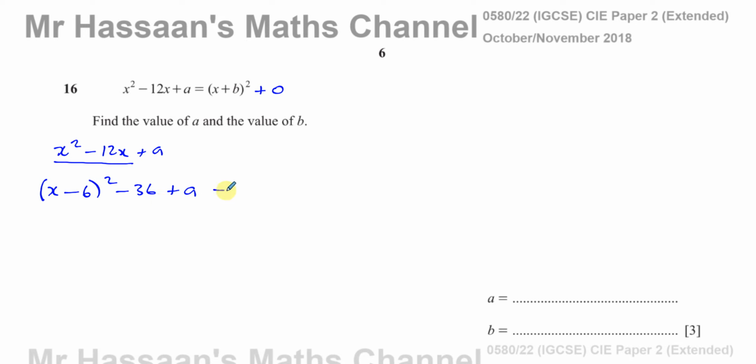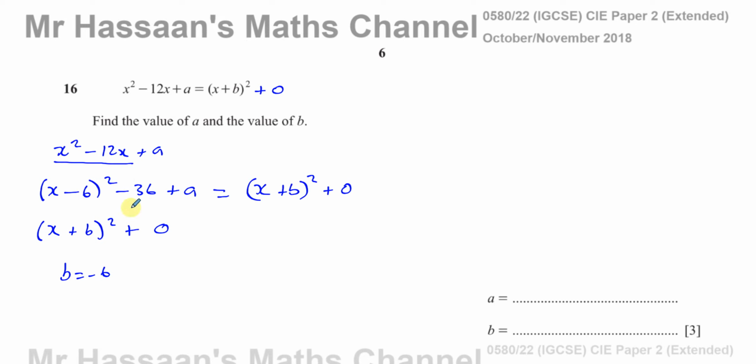And that's equal to x plus b squared plus 0. So if we compare these now, I'll write x plus b squared plus 0. So we can see the plus b is equal to minus 6. So b is equal to minus 6. And we can say that minus 36 plus a is the same as this 0, because outside here there's 0.